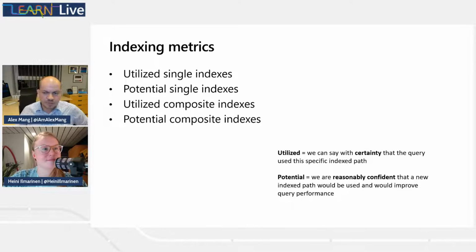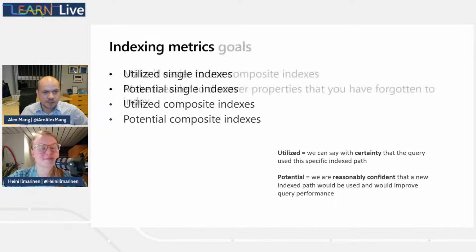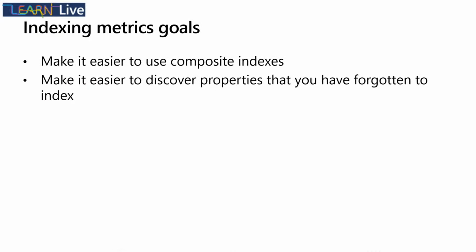Most of the times it does not hurt. Most of the times it works as expected. Sometimes it cannot work. But the goal here is to use these metrics to easily and better understand the composite indexes that should be utilized. So the main goal is literally this.